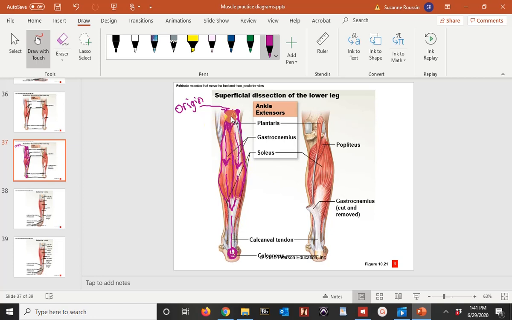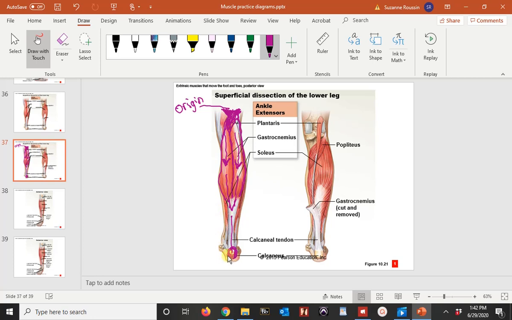So the origin point would be the condyles of the femur. The insertion point, that's the attachment point, is going to be the calcaneus.